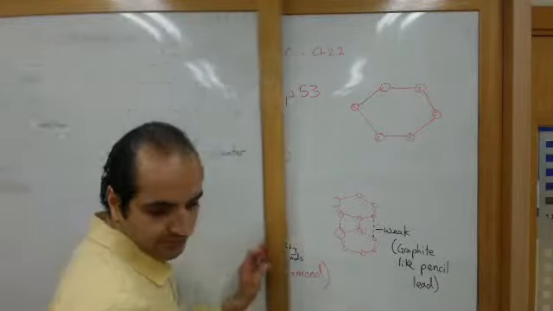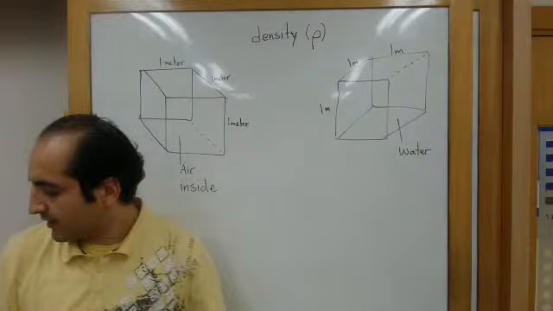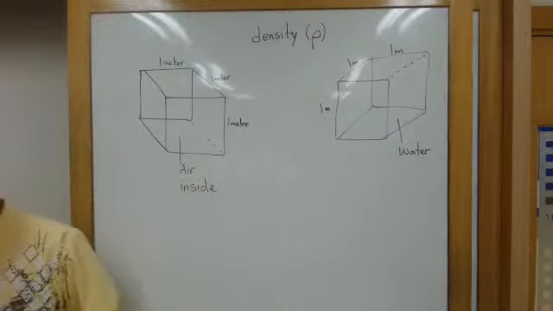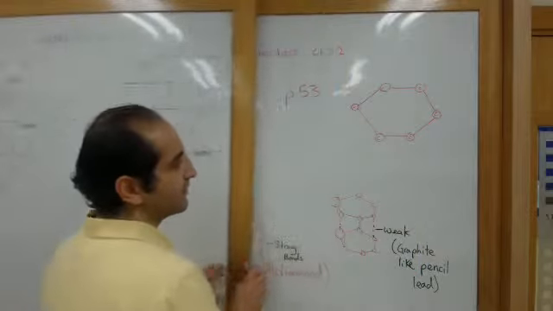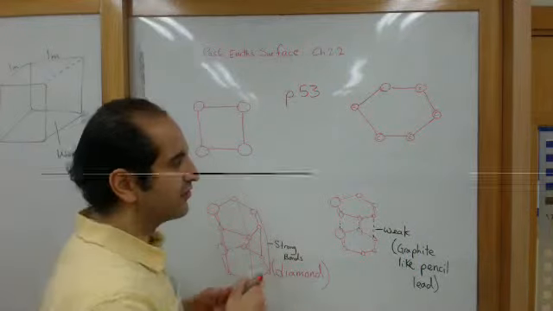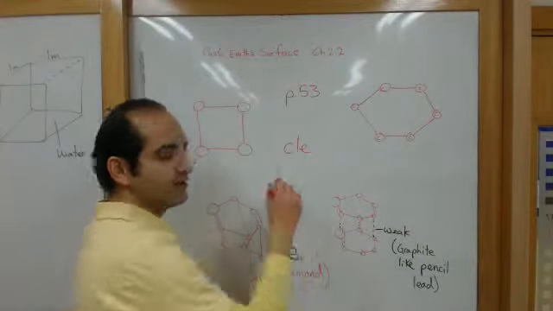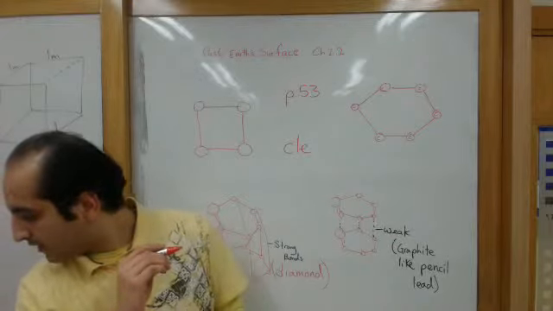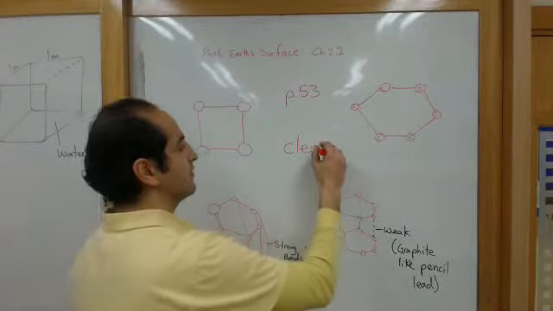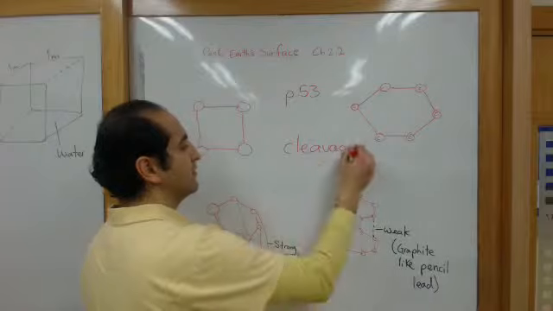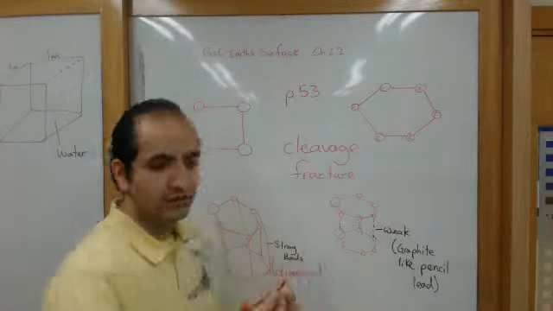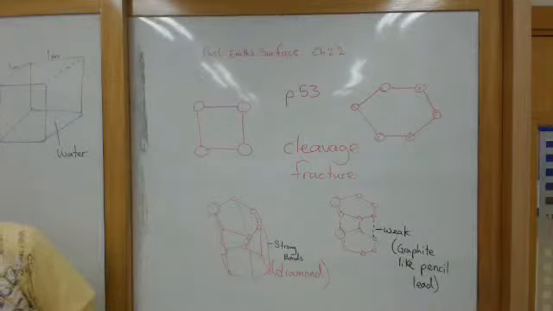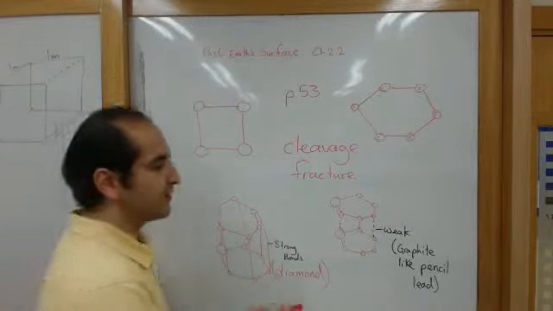Now, the second thing, hold on, before I move on, I forgot to mention the important thing. So you had two words, cleavage and fracture. Cleavage, you can think of it like this weak bond.